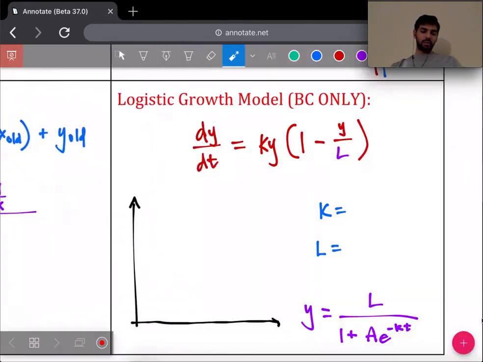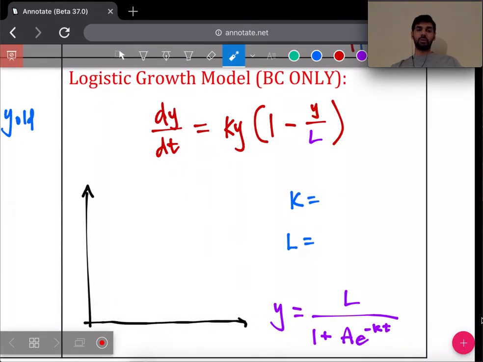Okay, the last box down here is the logistical growth model. This is also a BC only topic. The logistical growth model is an equation, differential equation that looks like this: ky times 1 minus y over L. And L is what we call the carrying capacity. This is a common application of differential equations in the real world.